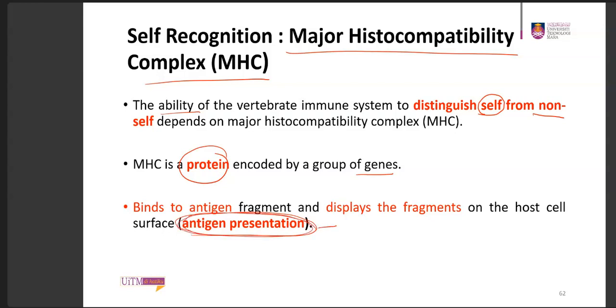Kan? So kalau dia adalah macrophage, dendritic ataupun B cell, dia akan jadi APC lah. Tapi kalau yang dia akan attract helper T cell. Tapi kalau dia adalah nucleated cell, okay, dia akan presentkan kepada cytotoxic T cell.